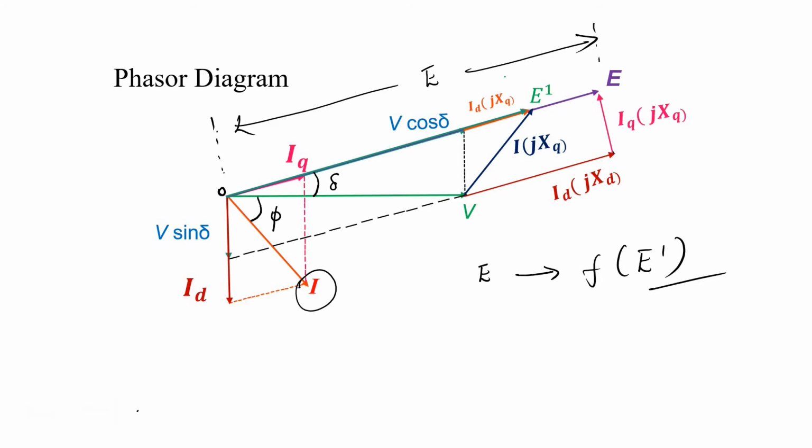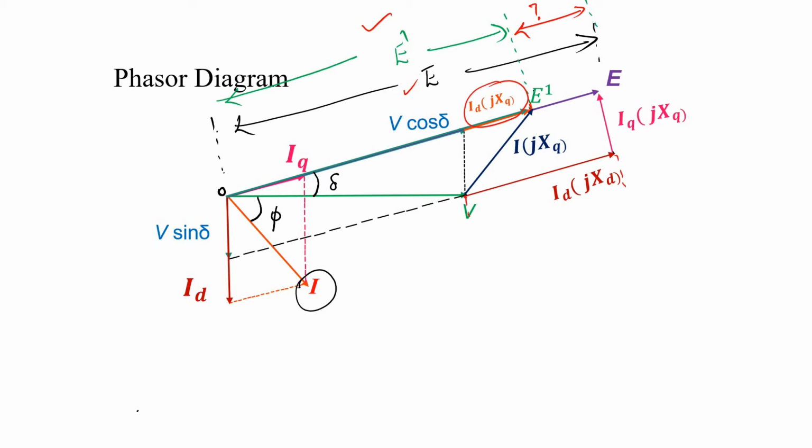Now, from O up to this point is E dash. Now, if you find the value of this portion and add it to E dash, then you can get the generated EMF E. Now let us see how to get this component.